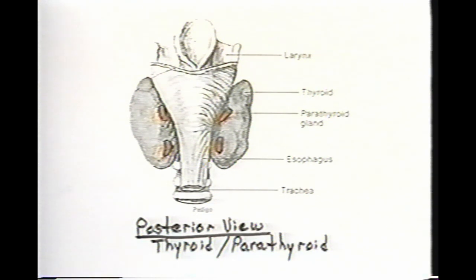And these 4 little brown beans are the parathyroid glands. This is a posterior view of the thyroid, and these little beans are the parathyroid glands. Parathyroid glands regulate calcium and phosphorus balance. During thyroid surgery, they are sometimes inadvertently either damaged or removed.